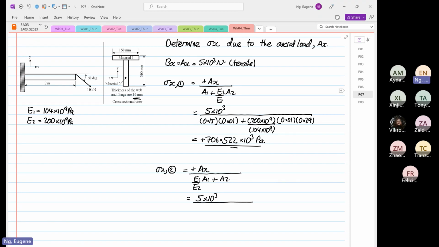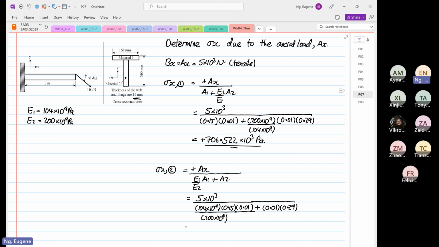So now E1 is 104 times 10 to the power 9 divided by 200 times 10 to the power 9. And then the area is 0.15 multiplied by 0.01. And then the denominator is plus the width 0.01, the depth is 0.29.